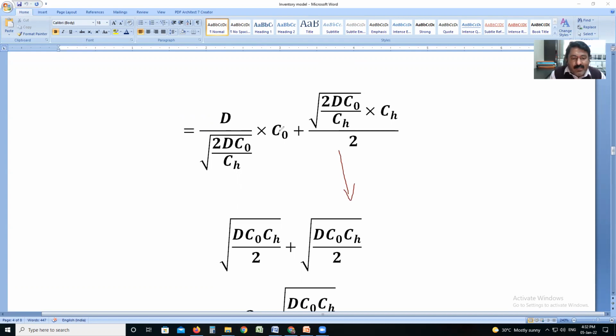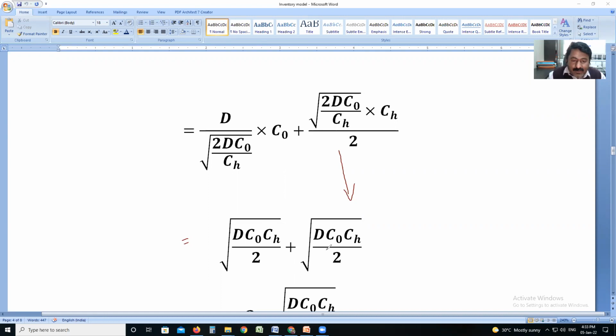Now consider this DCO and under root twice DCO. It will become under root twice DCO, and CH, being in the denominator, will go to the upper side, so it will also become this. If you notice, twice DCO CH by 2 and DCO CH by 2, these two are the same term.